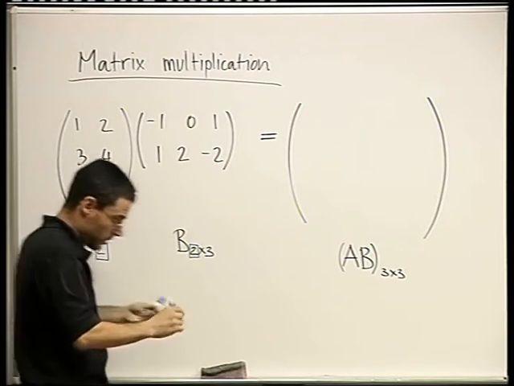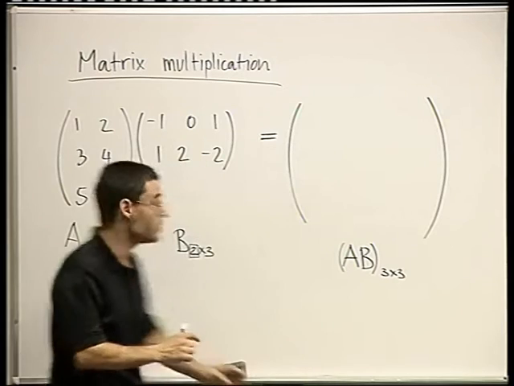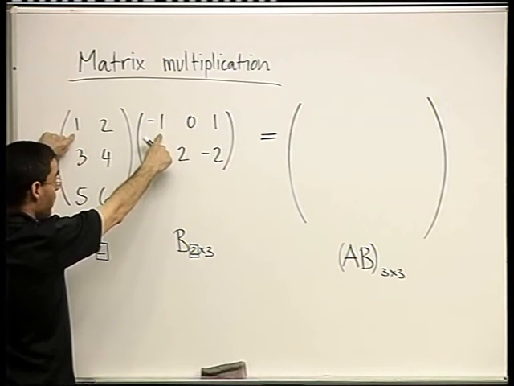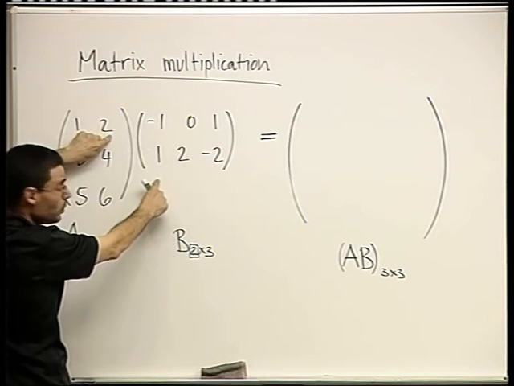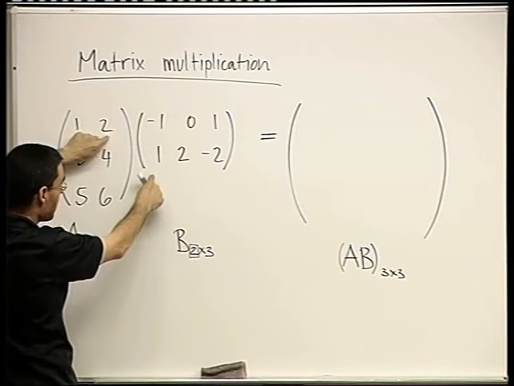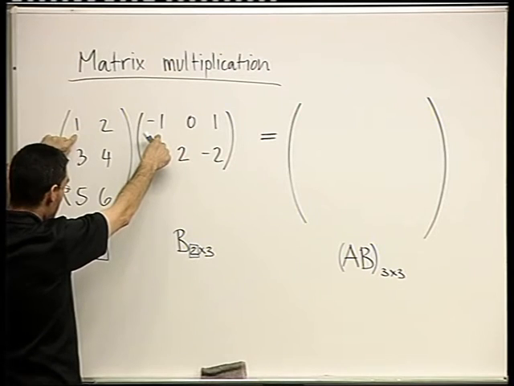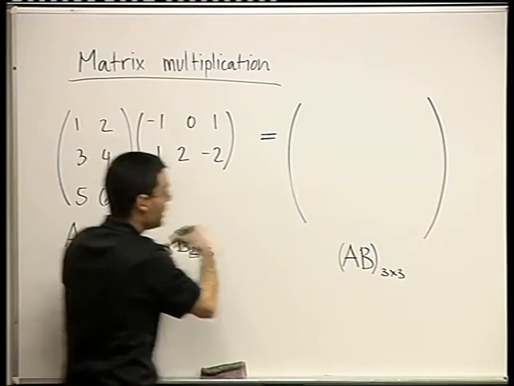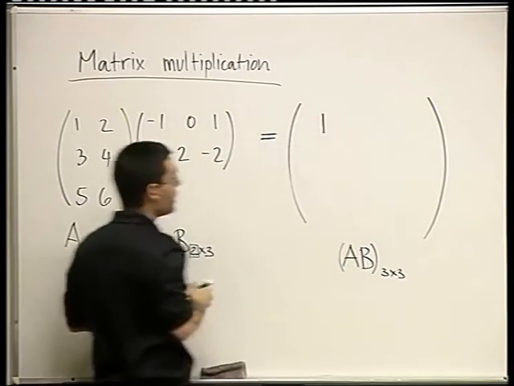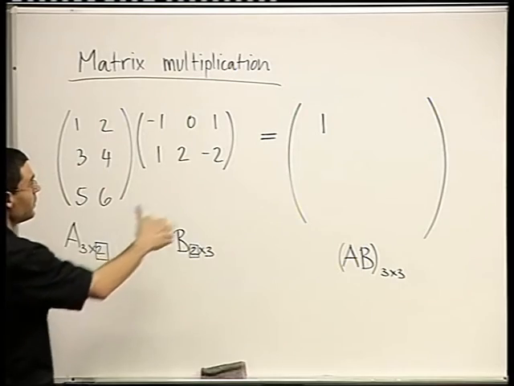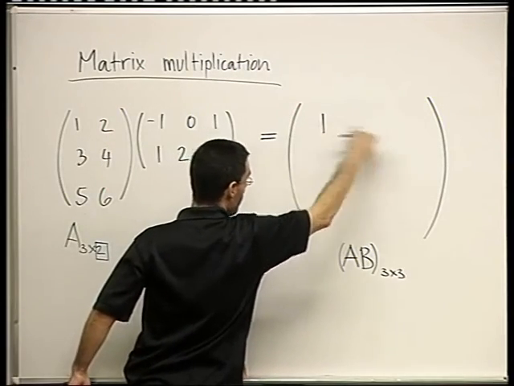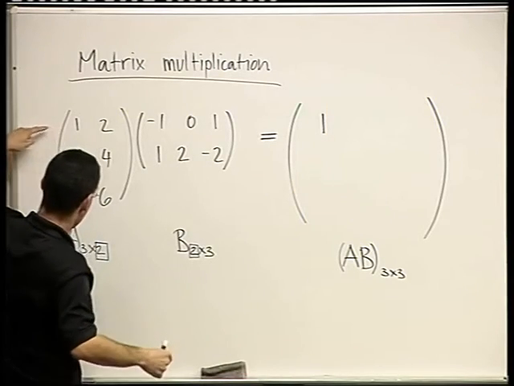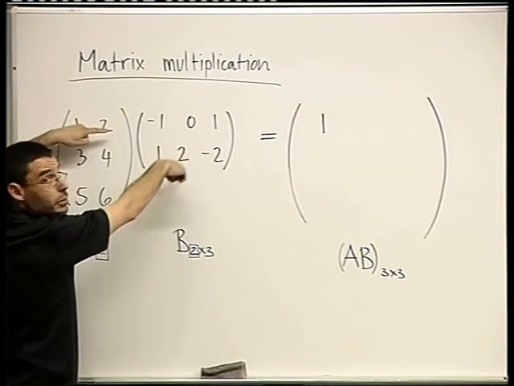And how do you do it? You do 1 times negative 1, which is negative 1, plus 2 times 1. So it's negative 1 plus 2, it's 1. That's the first entry here. Okay? Now let's do the second entry in row 1, column 2. Row 1, column 2 is going to correspond to row 1, column 2.